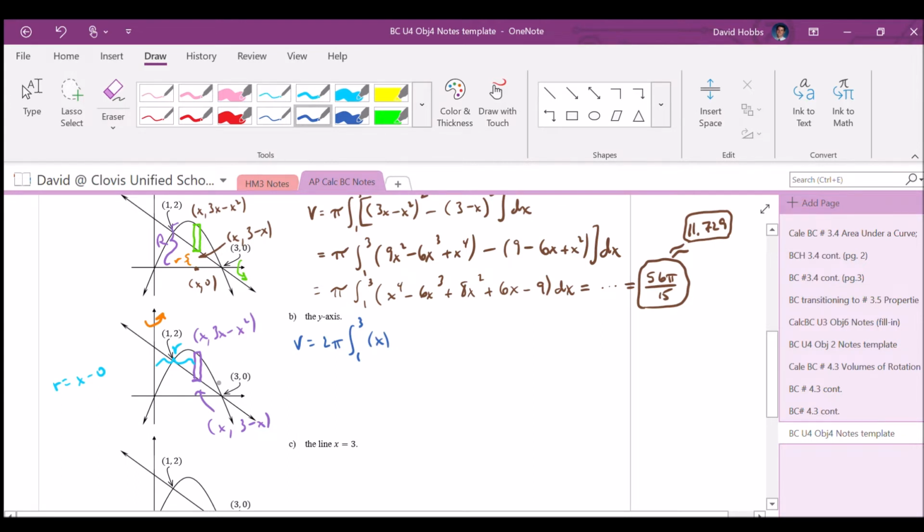My base is delta x, it's going to become the dx. My height, top minus bottom, make sure you're getting a positive value. So 3x minus x squared, top, minus the bottom, 3 minus x. And then the delta x becomes dx. Okay, so we clean it up.